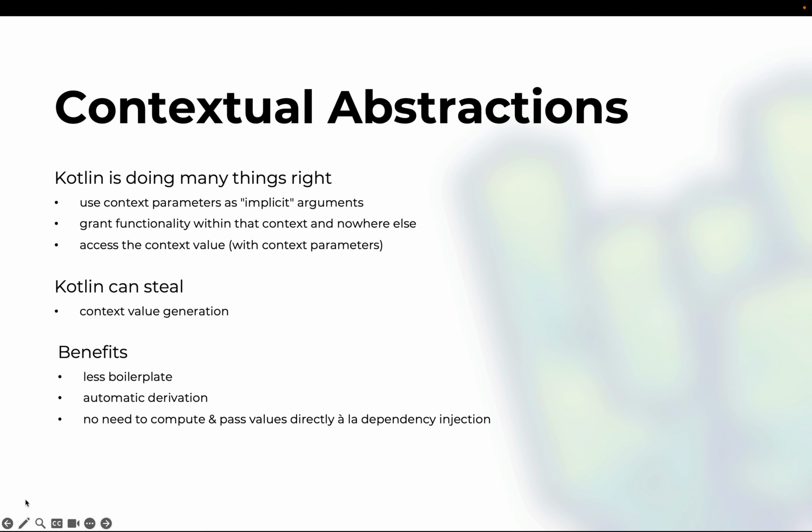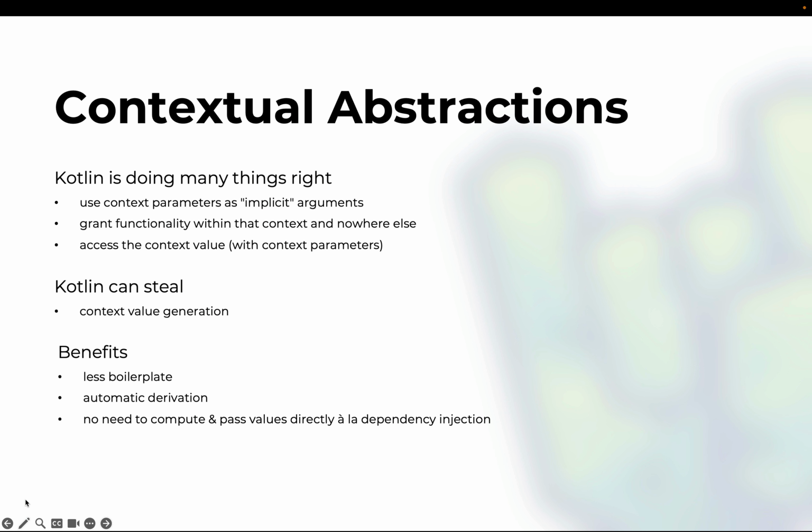So Kotlin is doing some things right. It's using context parameters as implicit arguments, and only within those contexts can you access some special functionality, and outside that context you cannot. And you can also access the context value with context parameters in the future instantiation of this feature.